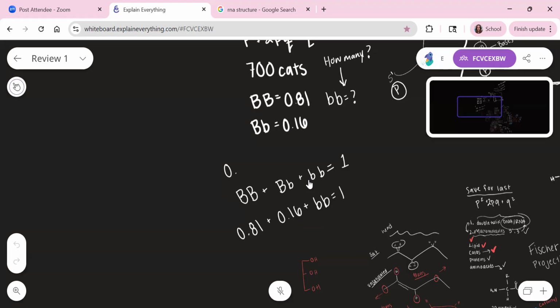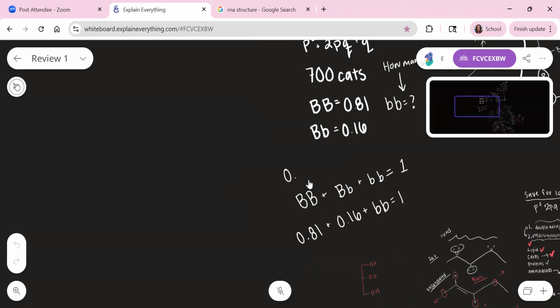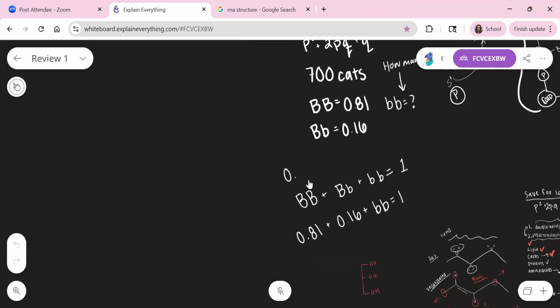And then we can find out what that equals. And I think it's 0.03 equals BB if you do the math on that.